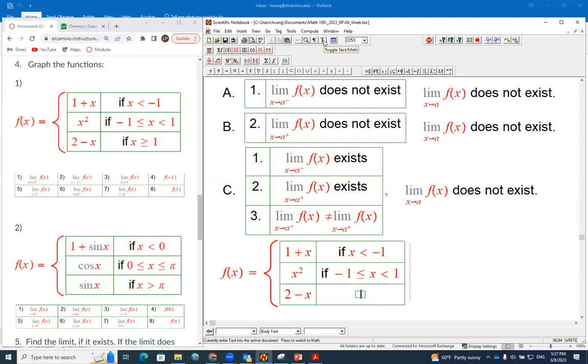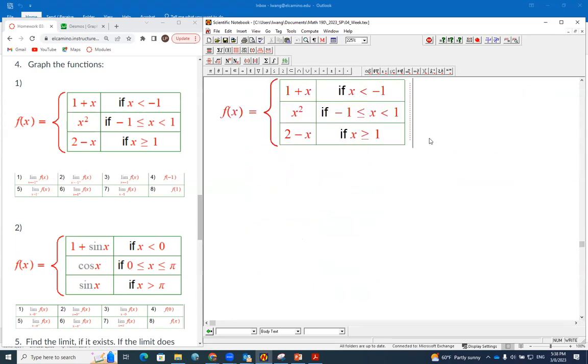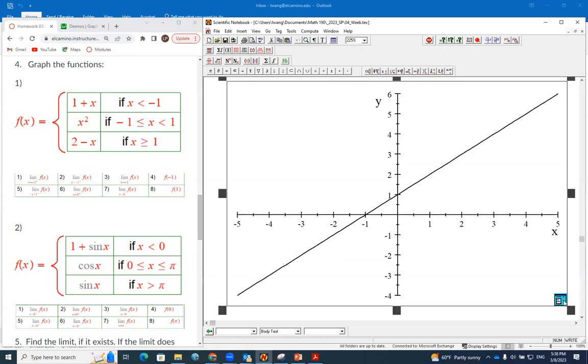I'm going to first point out the common mistake. Here, x is greater than or equal to 1. The common mistake, if you don't understand the piecewise function, could be something like this. For f of x, we draw 1 plus x. I'm just going to show you the graph.